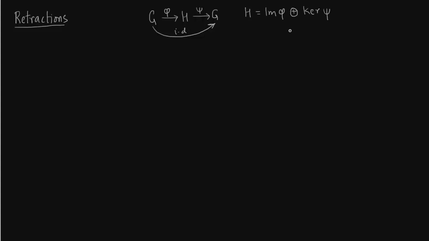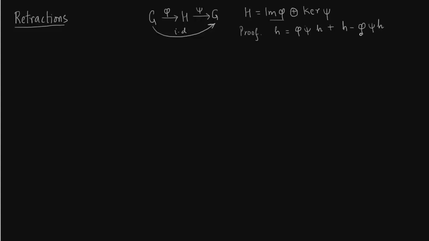You take an element h of H and write it as follows. You first write it as the image of phi, because that is what you want to use, plus h minus phi psi h, the standard way of writing it.